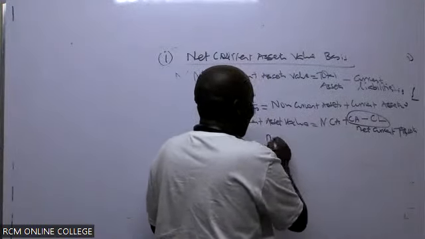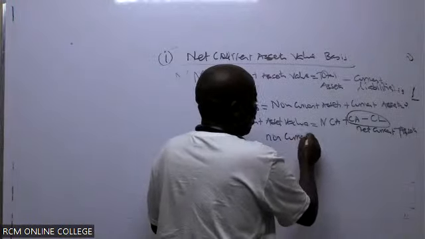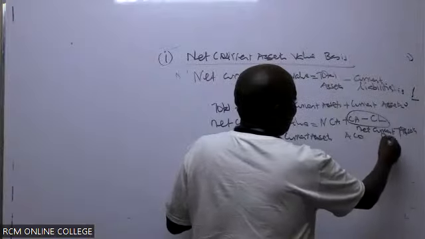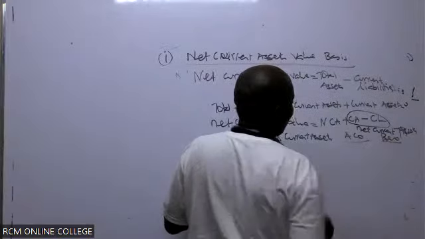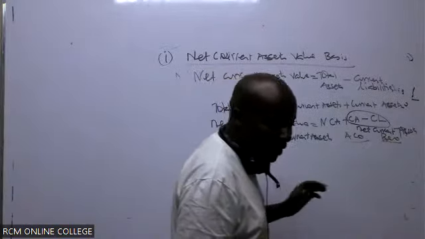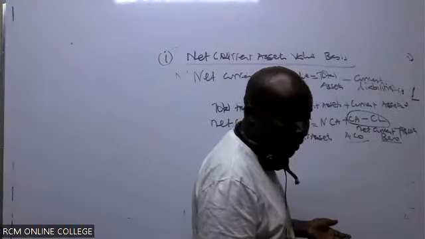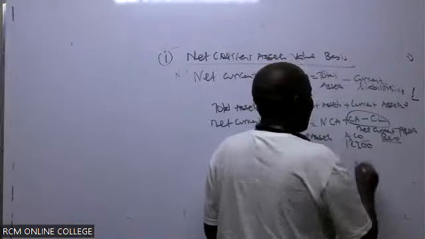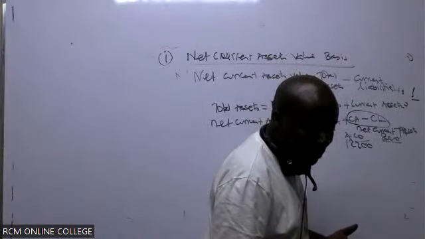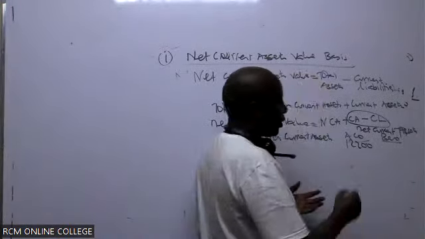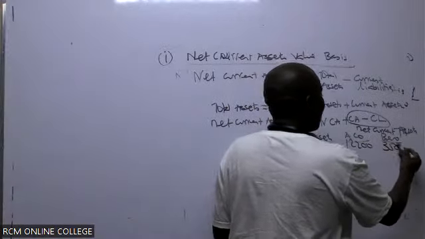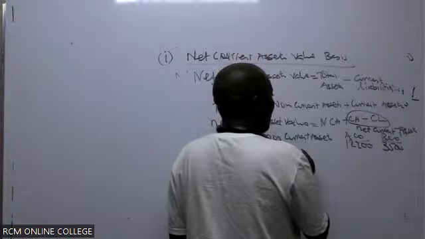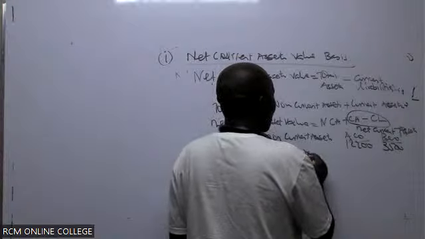We have here non-current assets for the two, for ACO and for Bero. They have given me non-current assets. I don't even have to write this really. They have given me 12,200. So we have here 12,200. And then we have Bero. Bero is 3,500, the non-current assets. And then the net current assets.